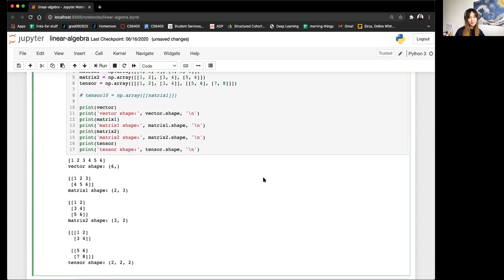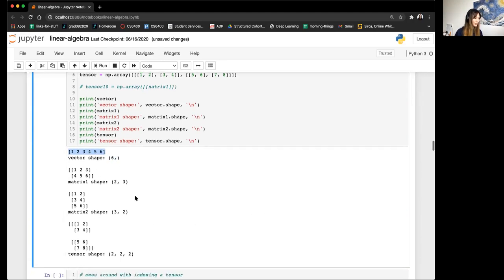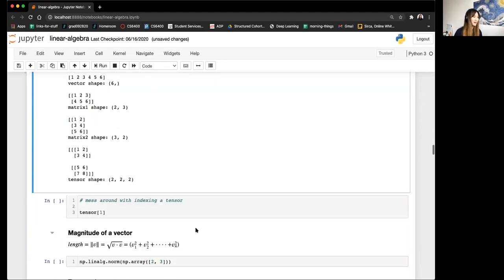And these are just some examples of vectors, two matrices, and a tensor. And similar to data frames where you can do .shape to find out the dimensions, you can do .shape to figure out the dimensions of any array. So here you can see that you have a length 6 vector, a 2-3 matrix, a 3-2 matrix, and a tensor here.